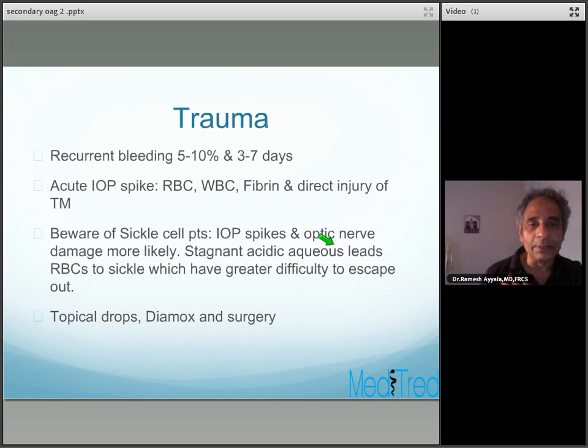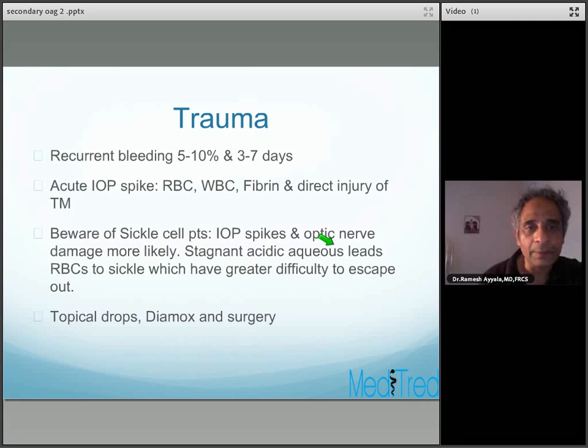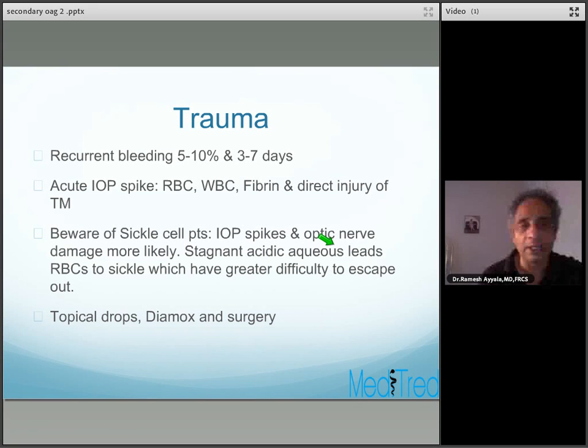Trauma is another big thing that can cause glaucoma, and almost every single ophthalmology resident or practicing ophthalmologist would have encountered this by now, trauma leading to glaucoma. Once you have sustained trauma to the eye, there could be bleeding, and should there be a hyphema, you've got to watch these eyes carefully, depending upon the degree of hyphema.